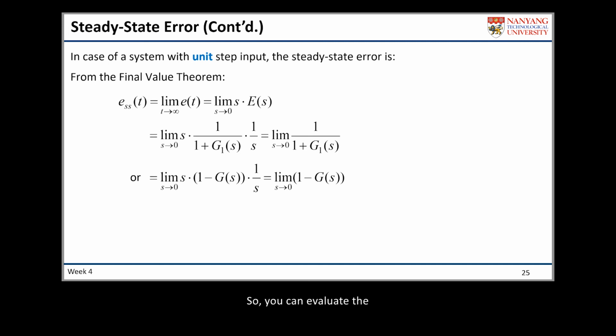So you can evaluate the steady state error by using the two equations that I showed in the previous slide, where the steady state error can be calculated based on G1 or based on G. But of course, in this case our input is equal to 1 over s, because the input is a unit step signal, and a unit step in the Laplace domain is equal to 1 over s. So using this expression, you can find the steady state value when the input is a unit step.